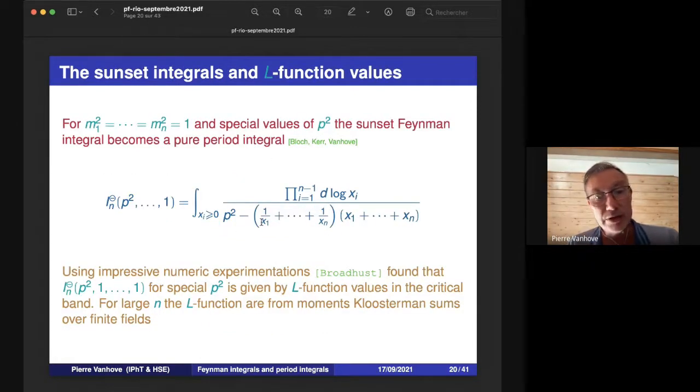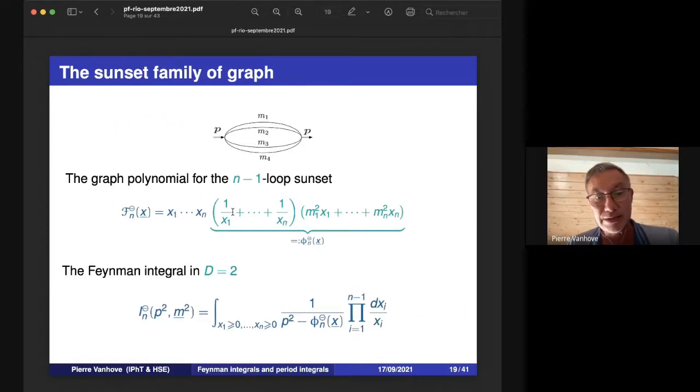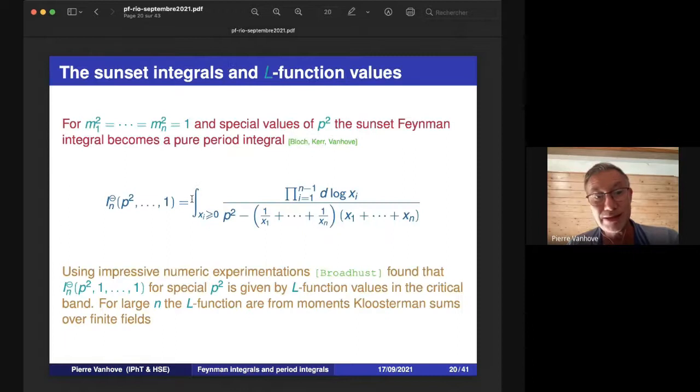So when all these mass parameters are equal to 1, because of the symmetry of the polynomial to integrate, this integral becomes a pure period. As I said at the beginning, this is not a cycle, but if you use all the symmetries of the integration, then you can remove the boundaries.